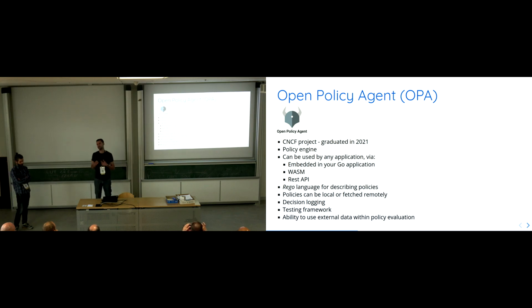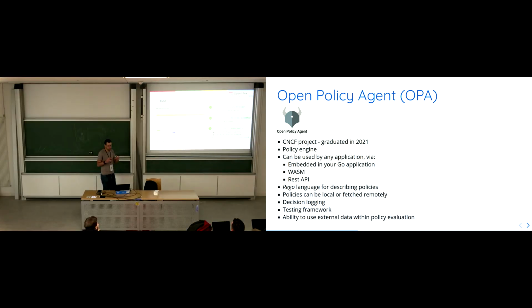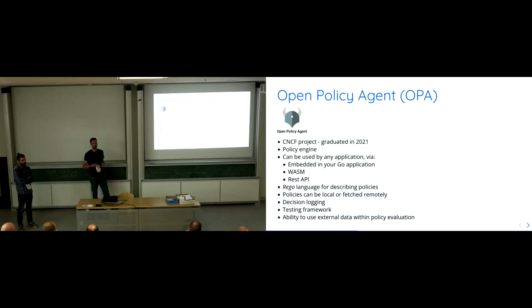There are advanced logging features like decision logging to really understand how OPA decided if something is allowed or not allowed. That can help a lot with debugging or having some statistics and so on. The testing part, we'll talk about it, is really flexible. You can also pull in external data within the policy evaluation, to do some advanced policy evaluation, and that can be important.